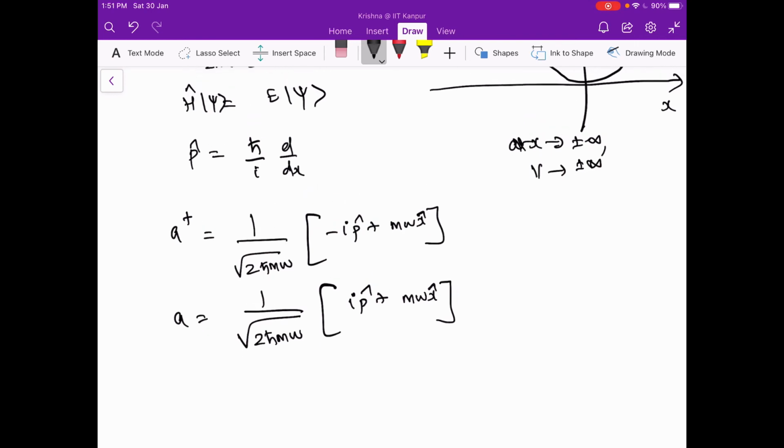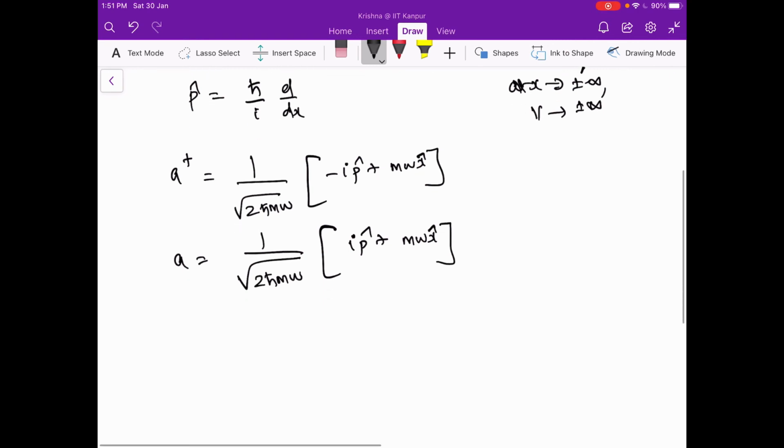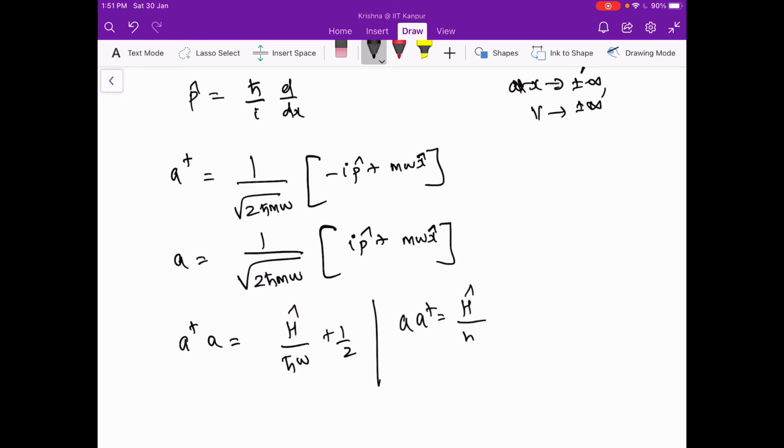So the reason why they were defined like this was to enable us to write the Hamiltonian in this particular format, where A dagger A always turned out to be H hat by h cross omega minus half, and A A dagger turned out to be H hat by h cross omega plus half.